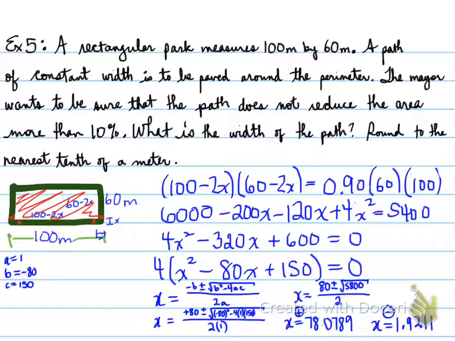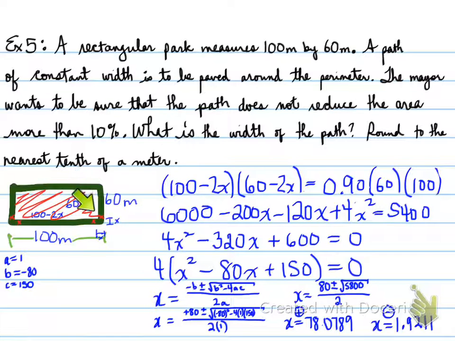So, I want you to understand something. Both of these values are positive, but only one of them is valid. Let's think about it. If you have a 78-meter path, that's going to eat right into the 60 meters, folks.